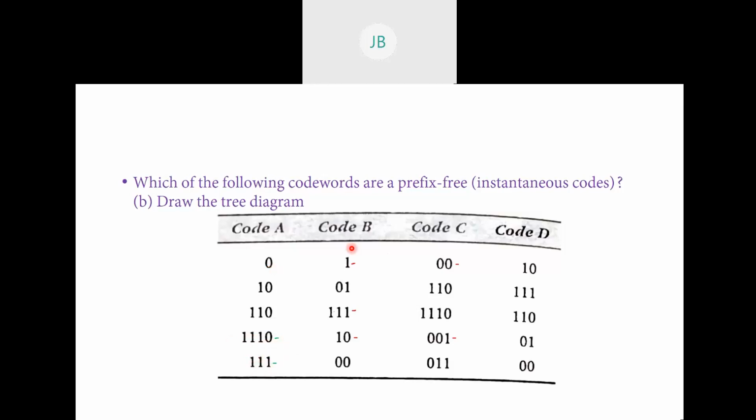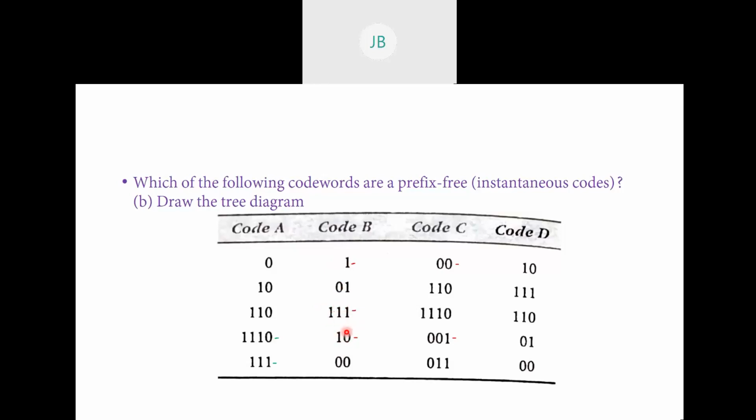Now going to B. In B, is there any problem? The first one is 1 here. Does anybody else have a 1? This has a 1 here, and this has a 1 here, right? When you see this code word, you may get confused whether it is the first symbol or something altogether unique.